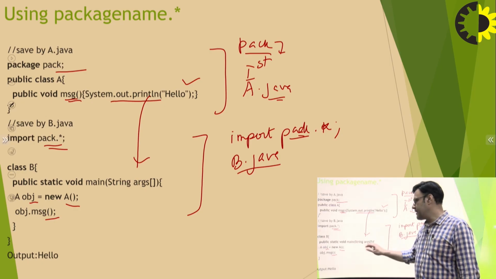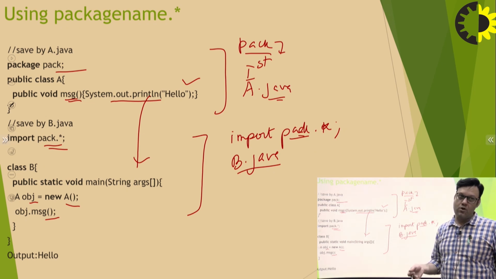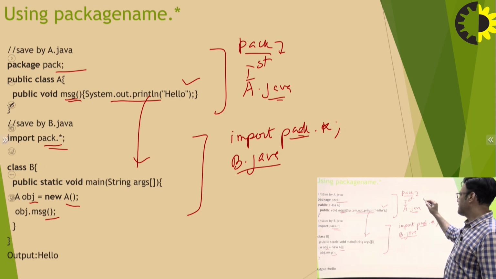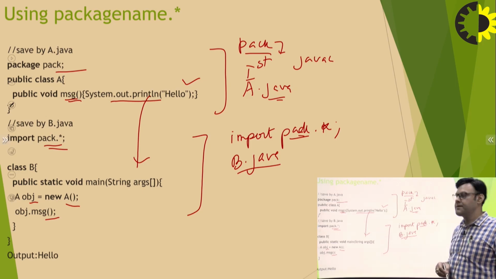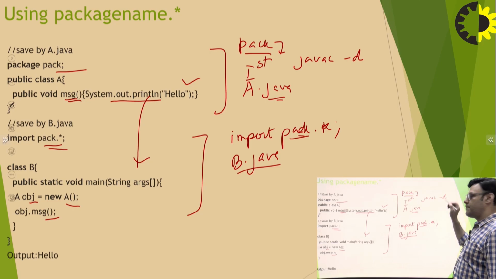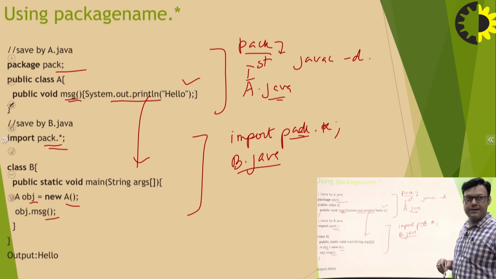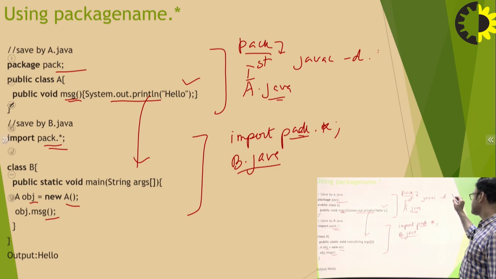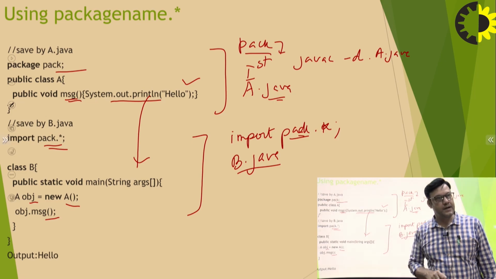So after compiling, how we are going to compile it, I have already told you, using javac, use -d, okay? Dot is my current directory and A.java, right?